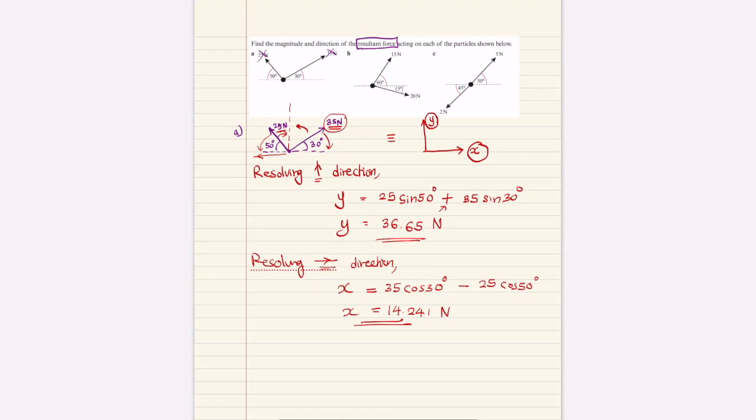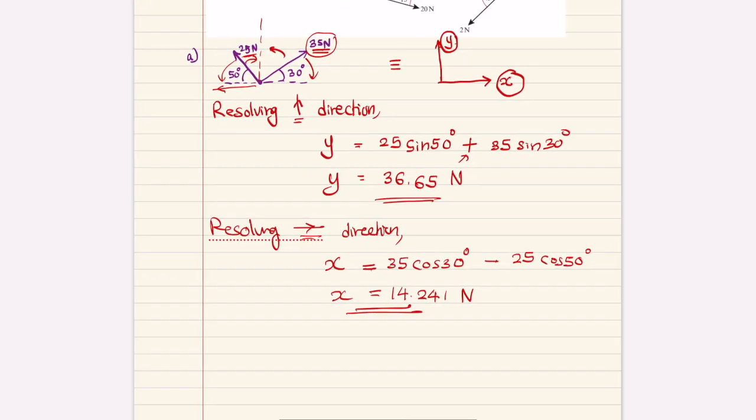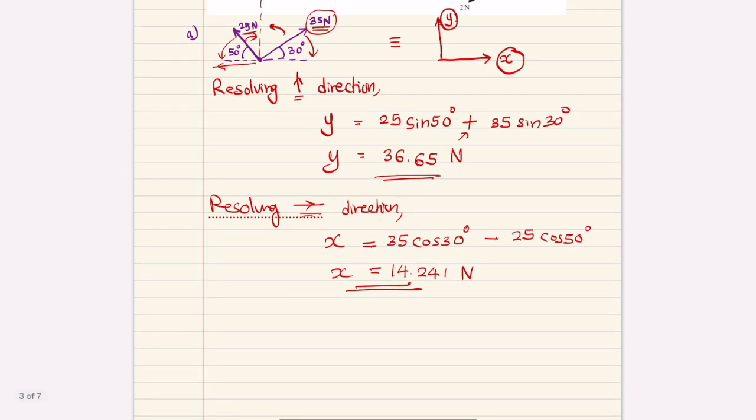Now I managed to find the horizontal component and the vertical component of this force, but in this question they're asking us to find the resultant force. So to find the final single force that can replace both 25 and 35, we can do this calculation.